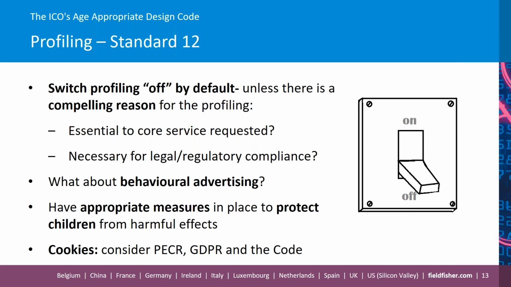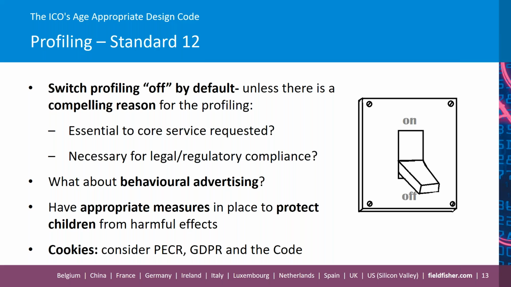So profiling is standard 12, and I'm sure many of you will be familiar with the GDPR's definition of profiling, which essentially sets out that profiling is any form of automated processing of personal data to evaluate certain aspects relating to an individual, in particular analysing or making predictions concerning aspects relating to an individual, such as their health, their personal preferences, their interests, behaviour, and location, to name a few.